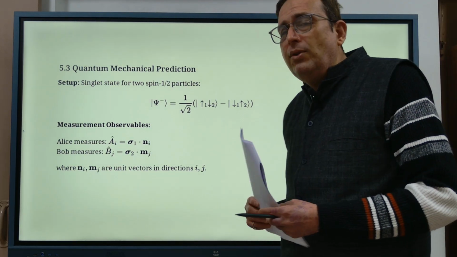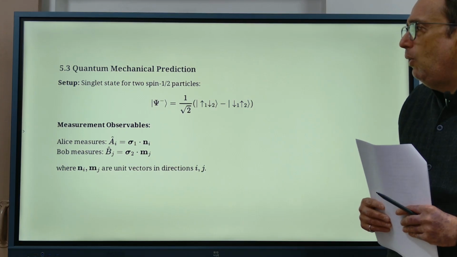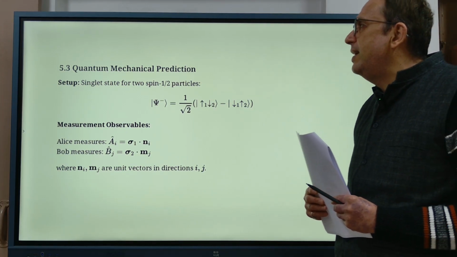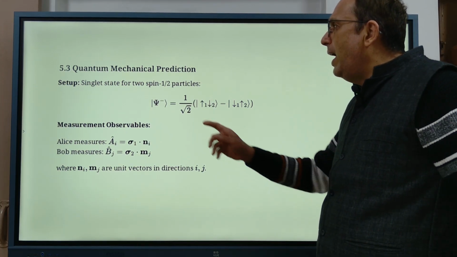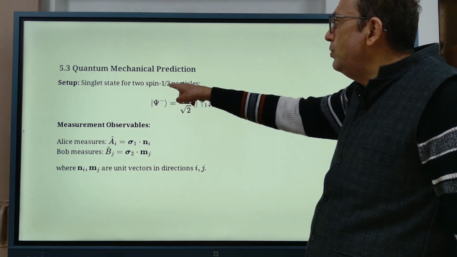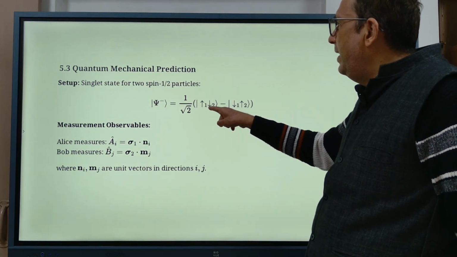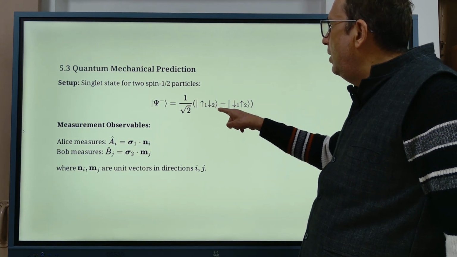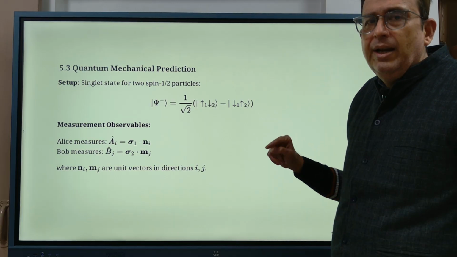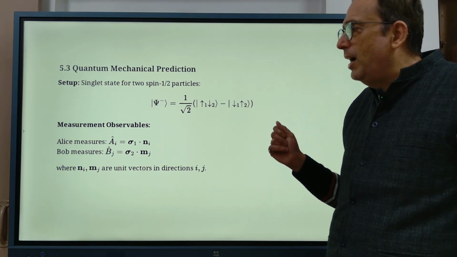So now let us go for the quantum mechanical predictions, again in the case of the CHSH inequality. We take the singlet state for two spin half particles, one in spin up, the other in spin down, and we interchange it and subtract one from the other.